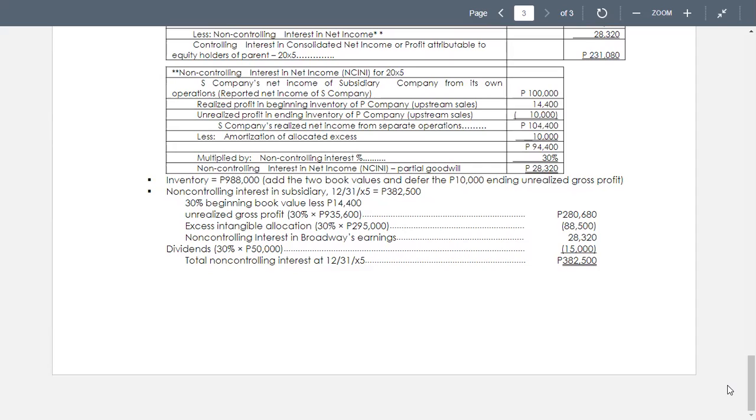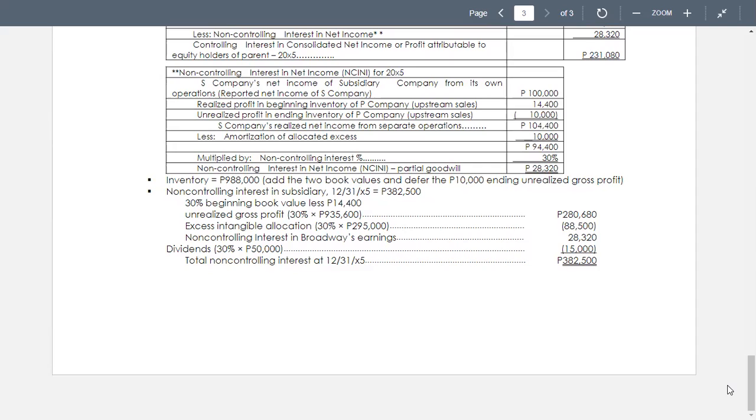If you want to determine 249,000 using another process, the net income of P company from its separate operations is equal to 220,000. 220,000 is the difference between 800,000 and 400,000, you get 400,000 minus 180,000. So it's 220,000.